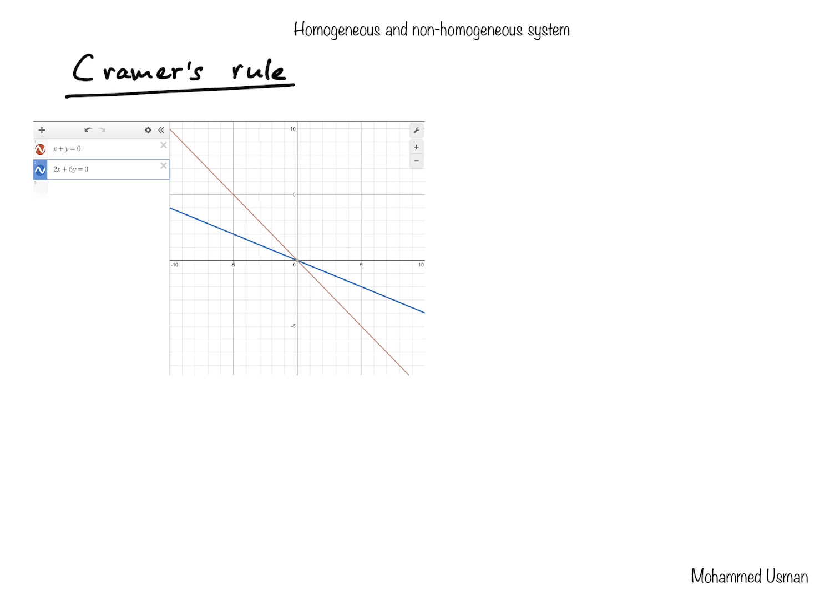To solve using Cramer's rule, we are going to first represent these equations in matrix form. So we write the matrix equivalent of these equations. It is 1, 1, 2, 5. That's our coefficient matrix A. And the variables are x and y. And the right-hand side is having 0, 0.